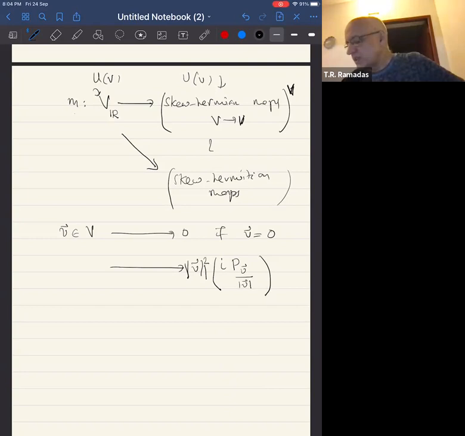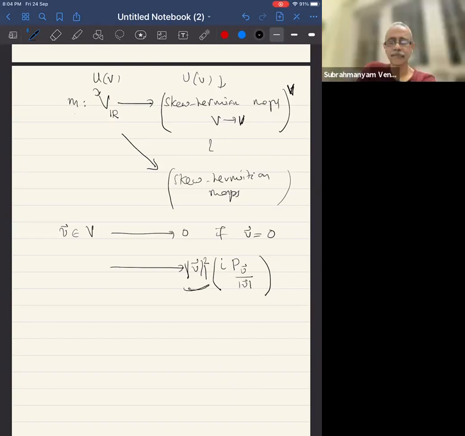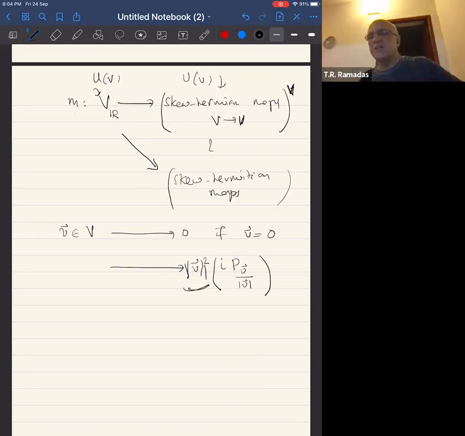And up to this norm of v squared, which is a real number, I mean, which is not a constant real number, it's a real function. Given a vector, it's just the length squared of that vector. This is just, take any non-zero vector, take the projection on that. Orthogonal projection is a Hermitian map. Take i times that, you get a skew Hermitian map, multiplied by this.